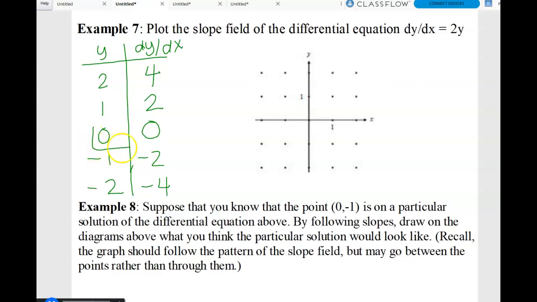So the easiest row is the row when y equals 0. So when y is 0, all of my slopes are 0, so horizontal. When y is 1, all of my slopes are positive.